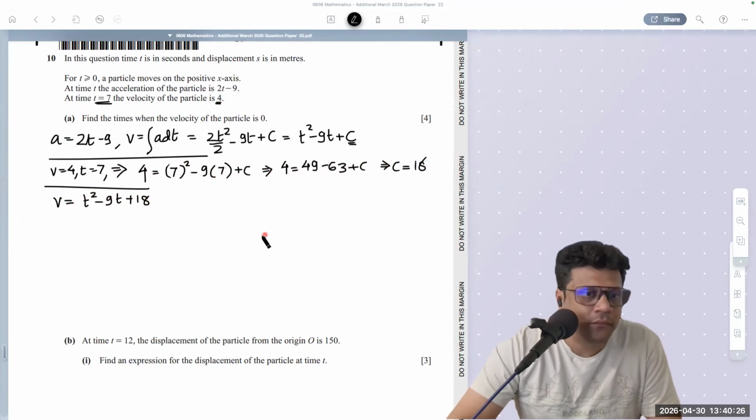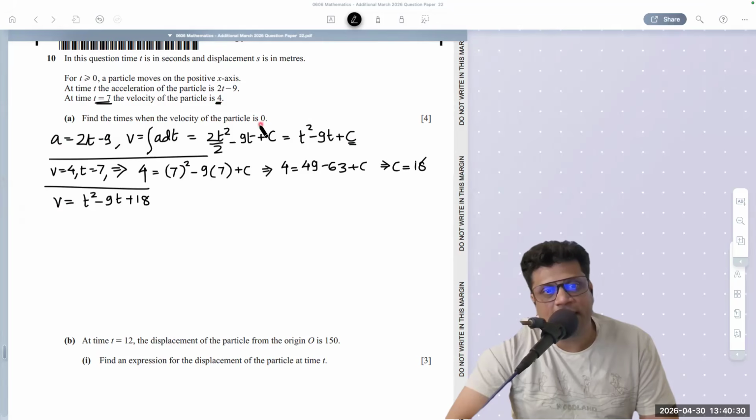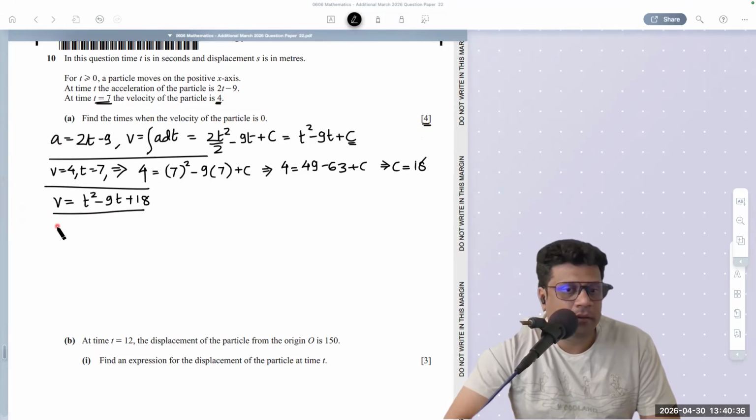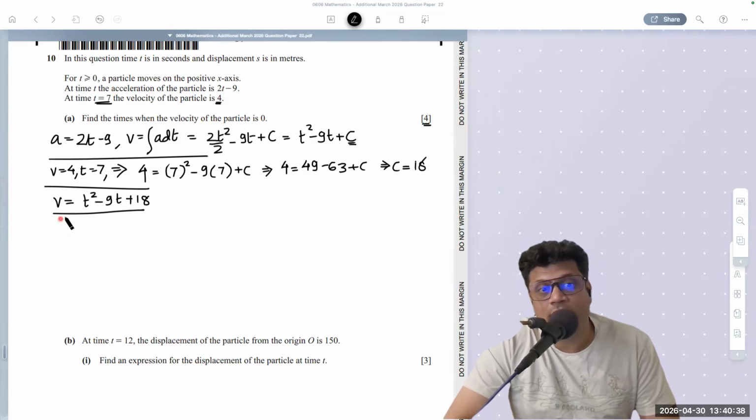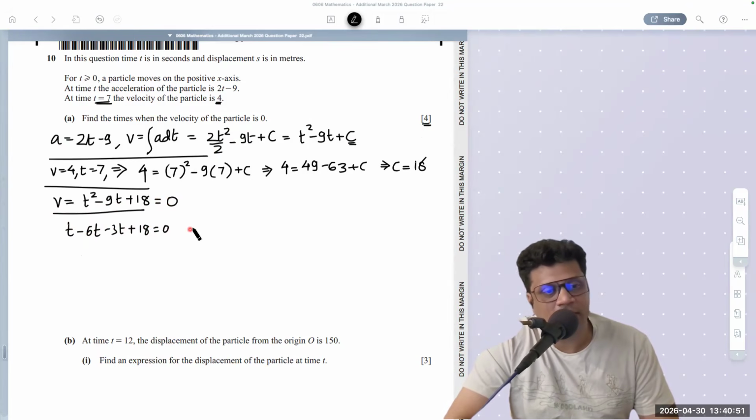Okay, find the times when the velocity is 0. Well, I have the expression for velocity. I want to find out the time when the velocity is 0. So I'm going to equate this to 0 and solve. So it comes out to be, I split the middle term.